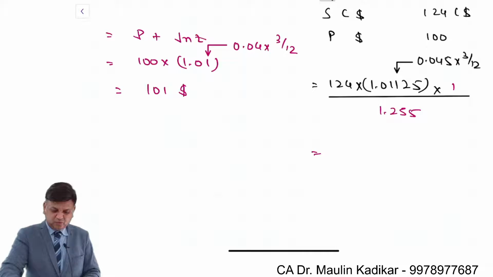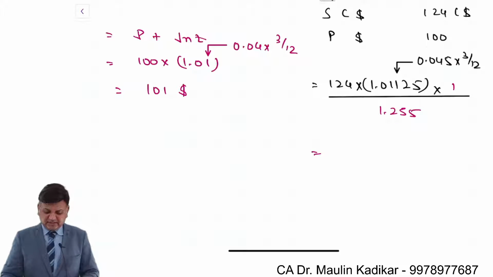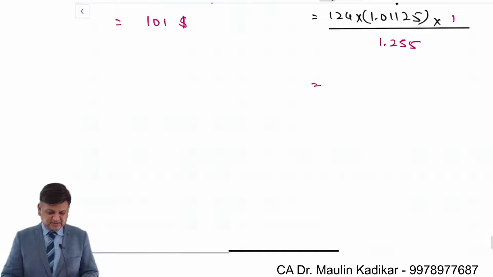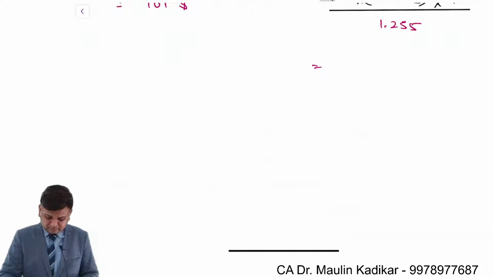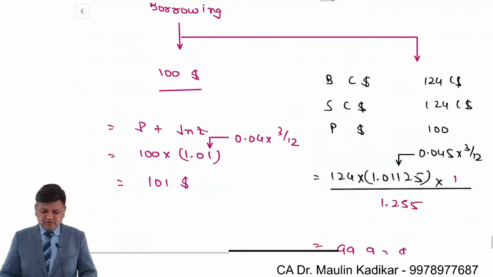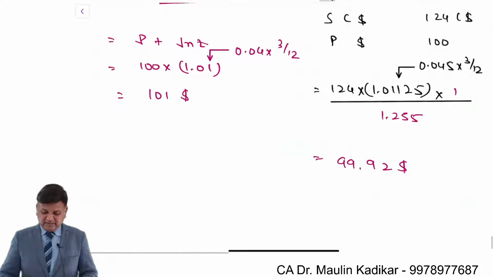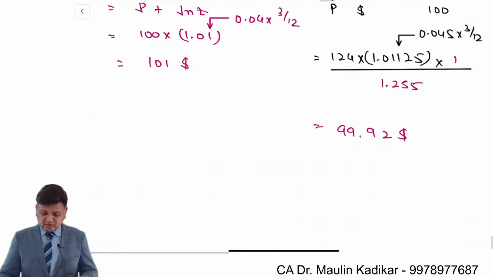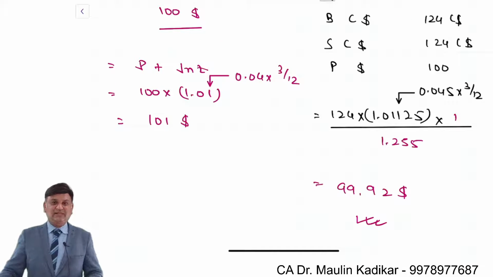So the answer is 124 into 1.01125 divided by 1.255, which is 99.916, so 99.92. This is the amount in dollars. So of course, if you are supposed to borrow dollar currency, you should borrow in the Canadian dollar term. This is what we understand.